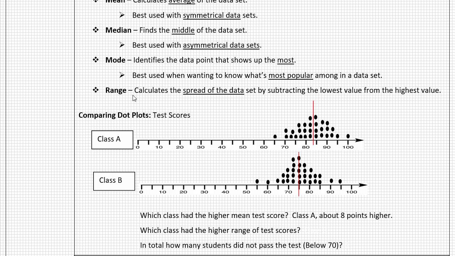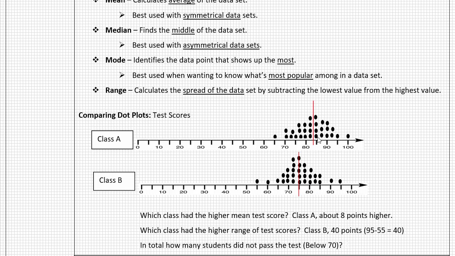Well, remember, range is the calculation of the spread. So, which has a more spread out data set? For that question, I would say Class B. I'm looking at the highest score, which is about 95, and the lowest score, which is 55. If I subtract those, I see it has a spread on the number line of 40 points.